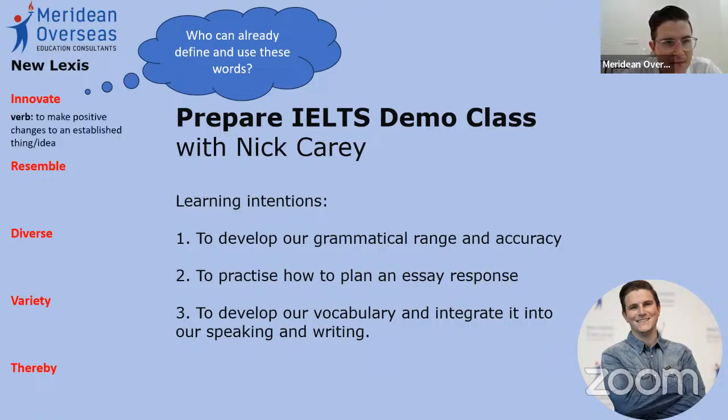We have, firstly, innovate. That is a verb, which means to make positive changes to an established thing or idea. So often, if you're an inventor, it might require you to innovate something that already exists. For example, when I think of inventor, I think of an episode of The Simpsons when Homer Simpson becomes an inventor, and he manages to innovate something on a chair by adding extra legs that can swing backwards.